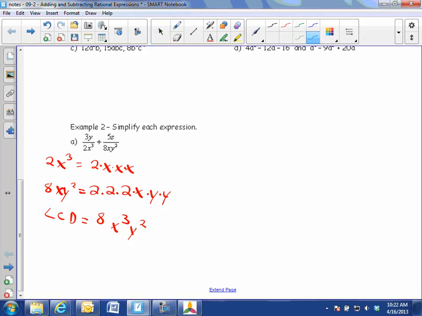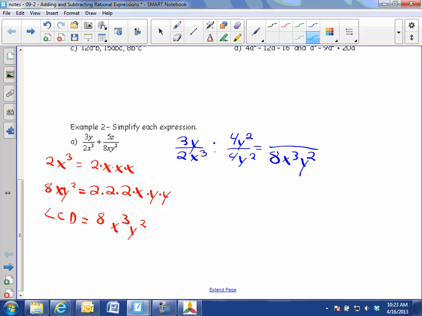Alright. So now we're going to take this as our least common denominator, and we're going to say our first fraction, 3y over 2x to the third, times something over something, has to get me our 8x to the third y squared. Times 4y squared. How do you know that? Do you just guess?